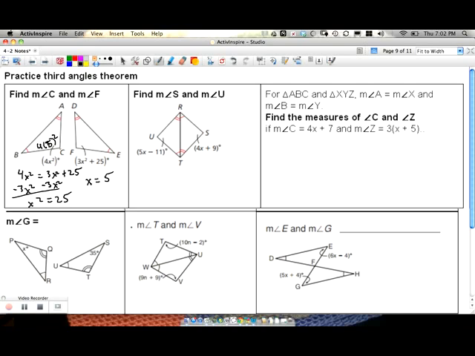Okay, this next one I think is pretty easy. Some people think it's harder because it's not squared, and that to me is actually easier. So let's work it out. We know that these two angles and these two angles match, so then the third angle has to match as well. That's what the third angle theorem says. First two match, and the third one also has to match. So that means 5x minus 11 equals 4x plus 9. I'm going to add 11 to both sides, and I'm going to do two steps in one here. I'm also going to subtract 4x.